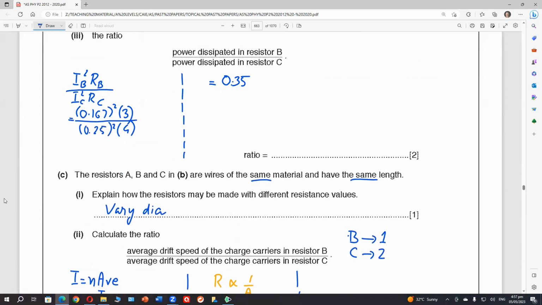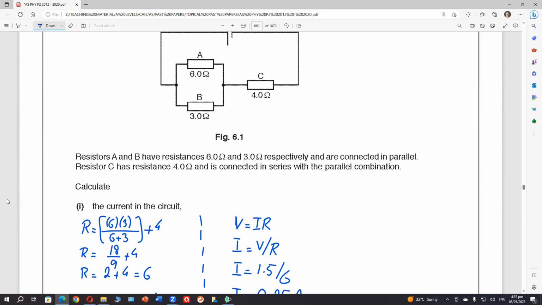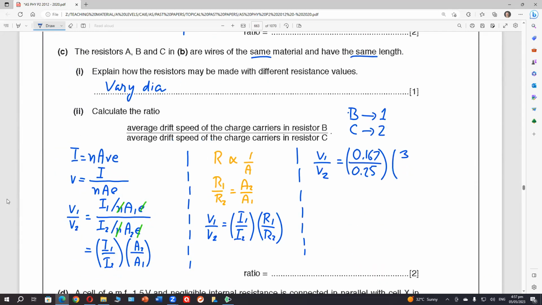We have the current in B, that's 0.167. Resistance of B is 3. It is coming as 0.5.